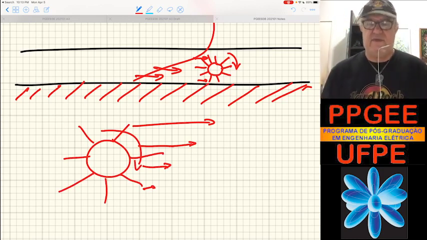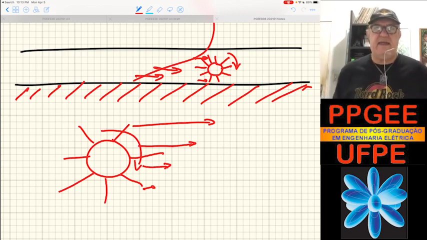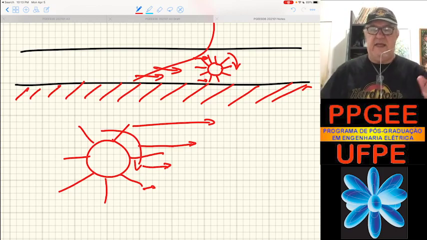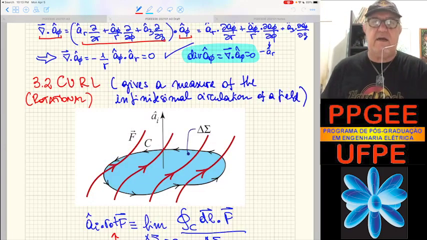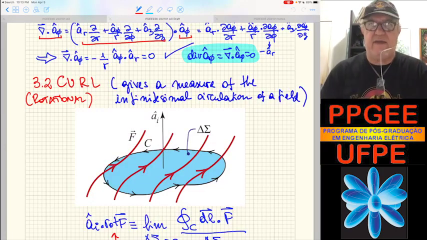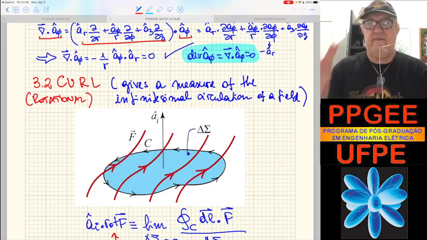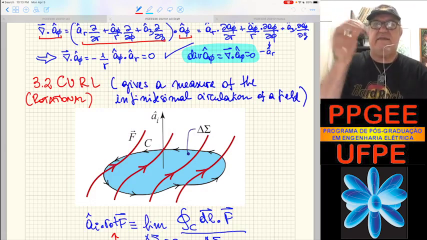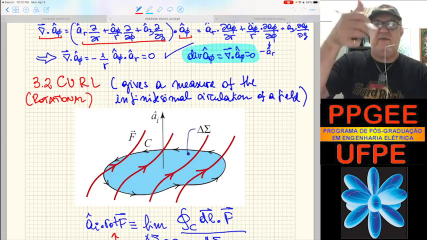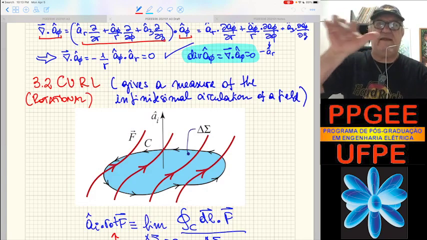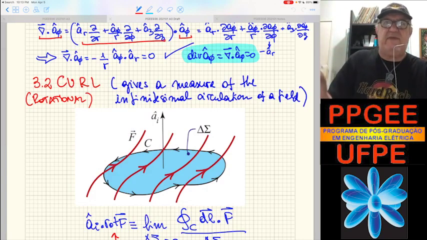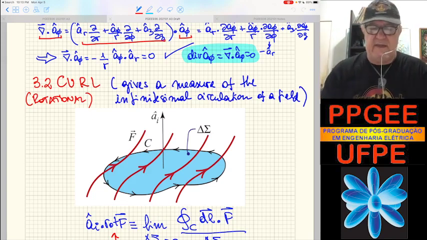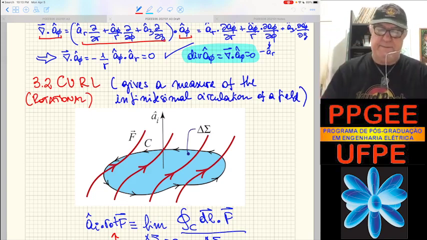So we have a rotational property of this velocity field. So that's what the rotation measures. So a curl operation is a vector, right? Because it rotates, so I have a component in this direction. If it rotates like this, I have a component in that direction. It depends on where you want to determine the components.